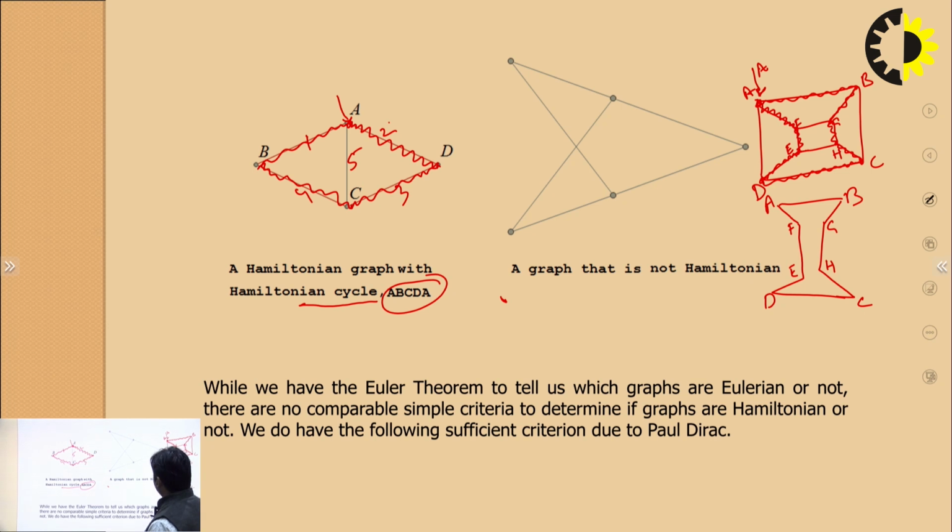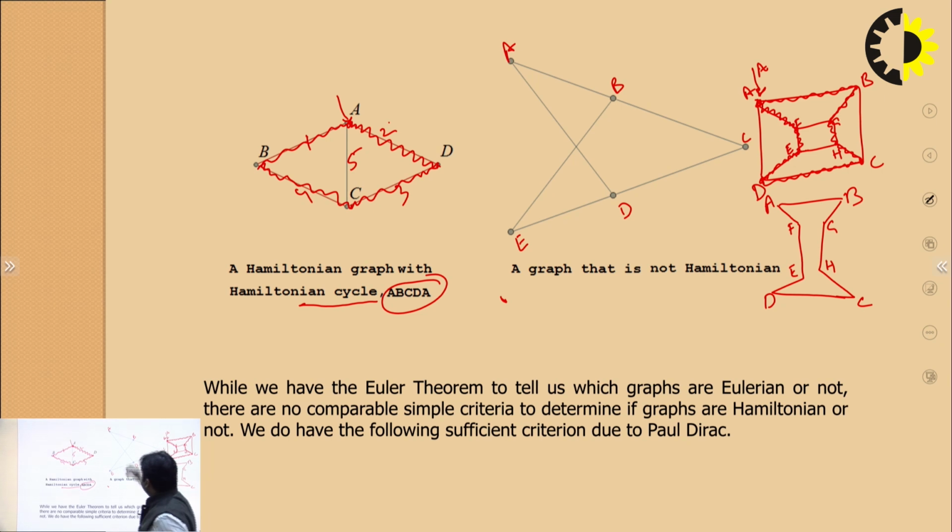This is another example, with vertices A, B, C, D, E. This graph is not Hamiltonian.